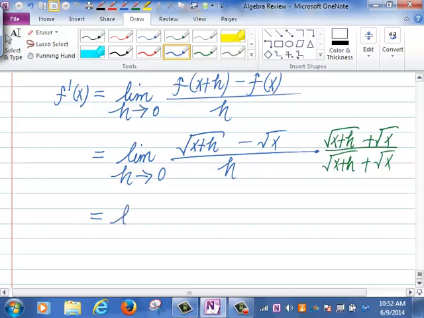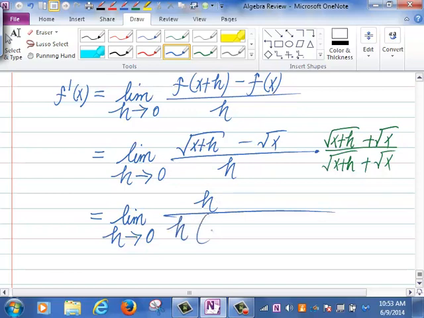All I'm going to say is that if you multiply out the numerators, you're going to get the square of root of x plus h, which is x plus h, minus the square of root of x, which would be x plus h minus x, which is the same as what? h.